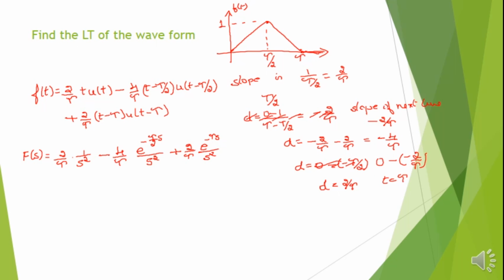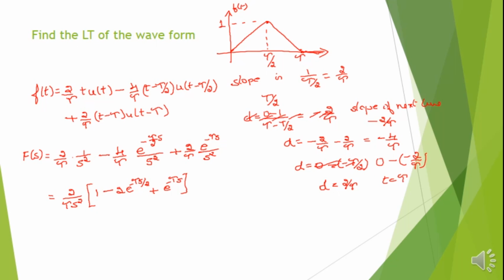This is based on the shifting property. So if I take 2 by tau s square outside, I will get 1 minus 2 e to the power minus tau s by 2 plus e to the power minus tau s.